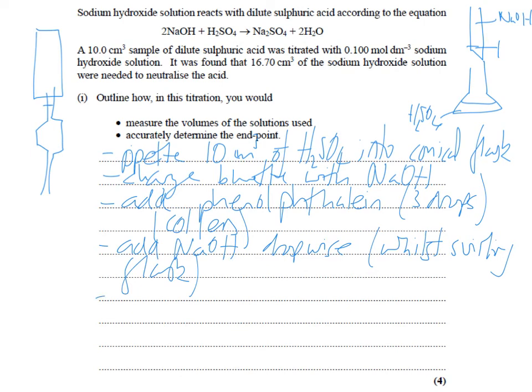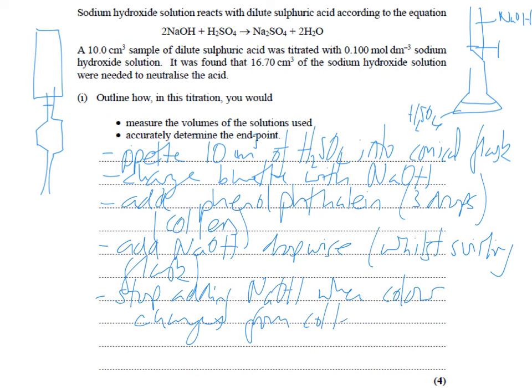So the colour change, and you need to know this, so stop adding sodium hydroxide when colour changes from colourless to, now here's where your knowledge kicks in. Do you know what colour phenolphthalein is in alkaline?